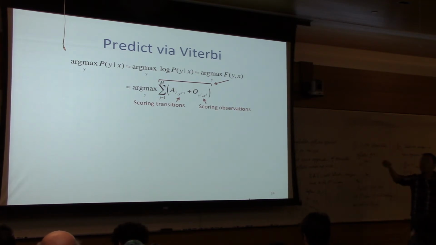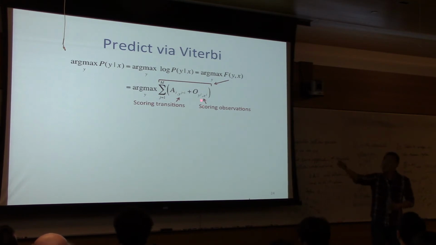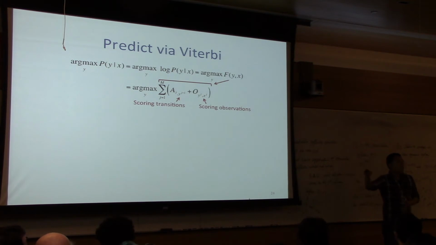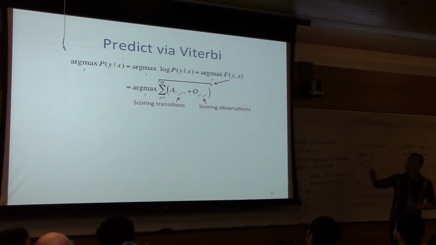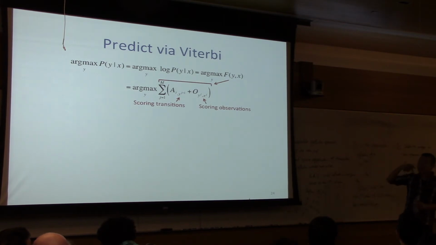If I were to interpret these A's and O's as the log probabilities of an HMM, it will look exactly the same, right? And so actually, if you want to do the maximum probability prediction, it's exactly the same as Viterbi for HMMs.